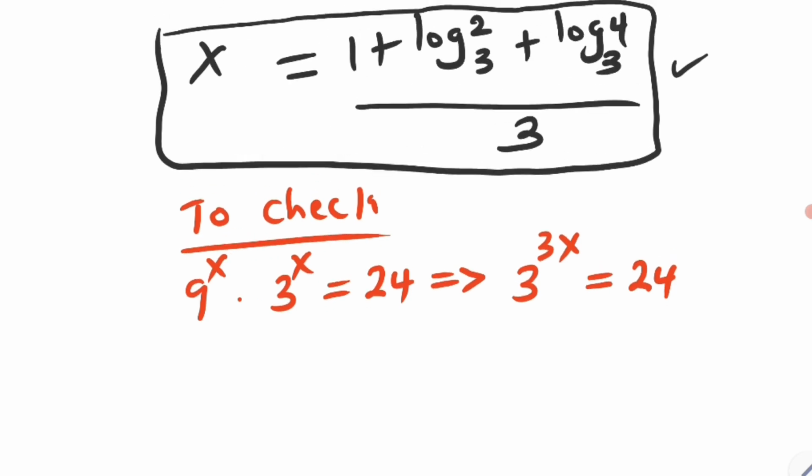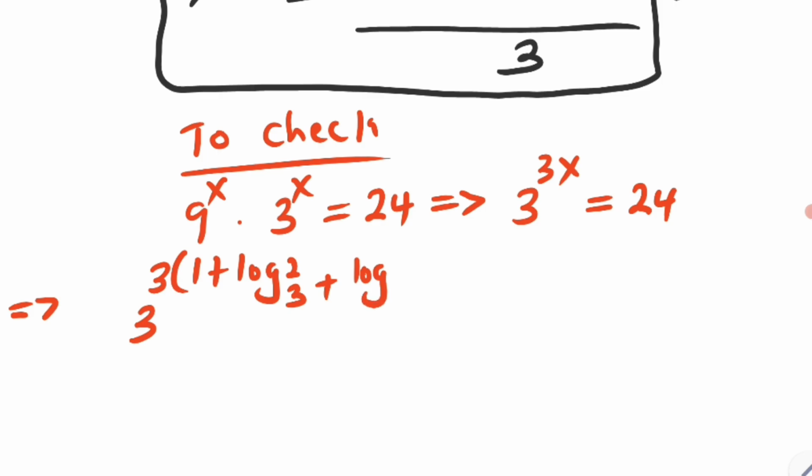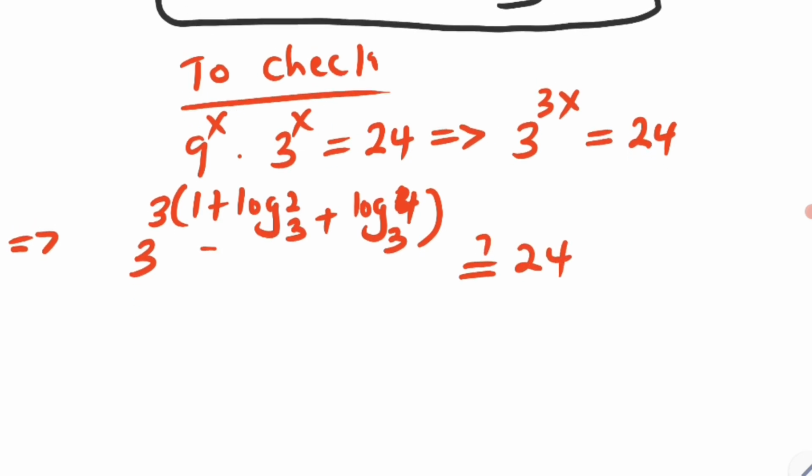Now, if s is 1 plus log 2 base 3 plus log 4 base 3 over 3, this is same thing as we have 3 raised to power 3 bracket 1 plus log 2 base 3 plus log 4 base 3 must be equal to 24, then over 3 here.